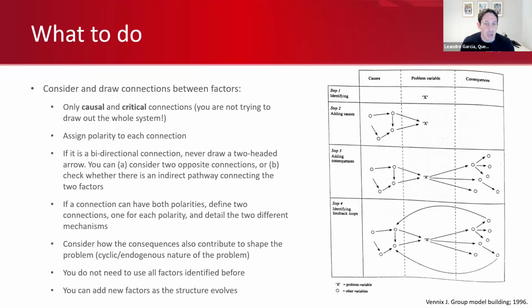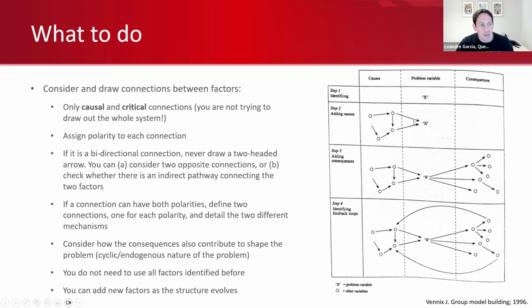So here's a step-by-step process of how one could approach developing a causal diagram. The first step is putting somewhere in your map the problem variable, your indicator. So in your case, the levels of cycling, right?